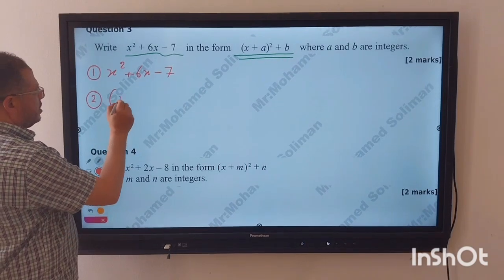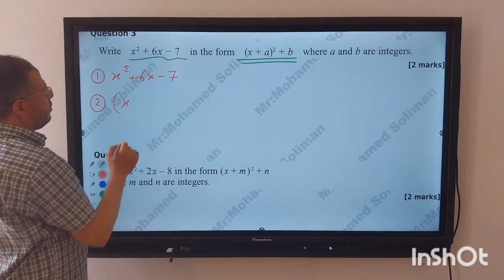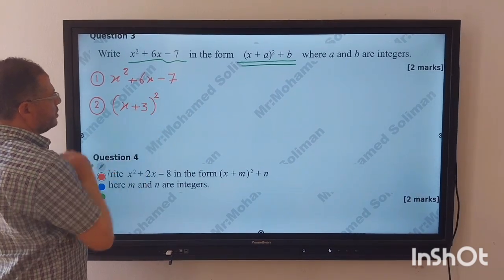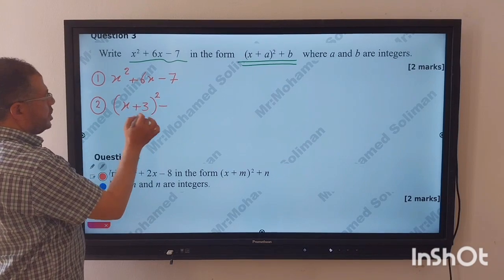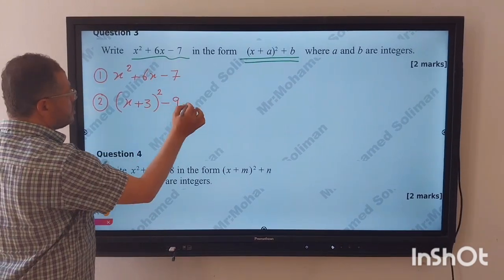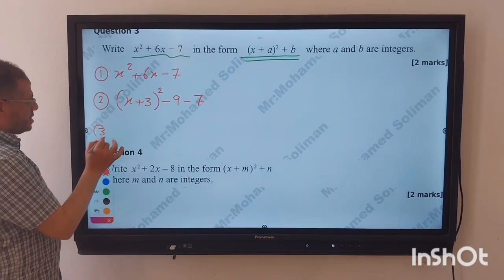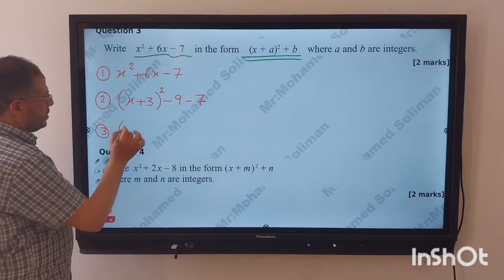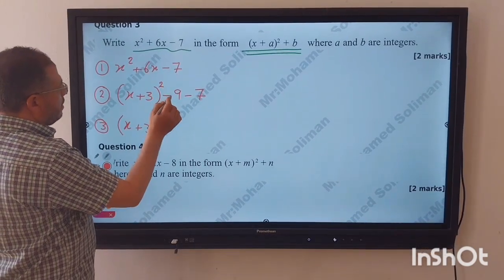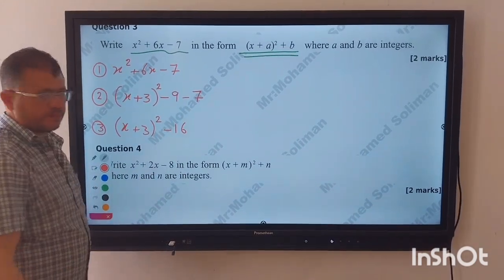Open bracket, put x, then 6 divided by 2, it will be 3, squared, then subtract 3 squared, it will be 9, minus 7. Third step, we can simplify. So it will be (x plus 3) squared, minus 9, minus 7, it will be minus 16.